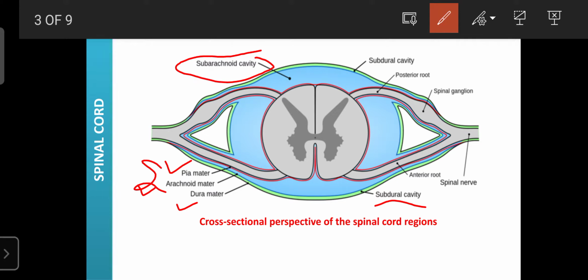This is the region of the spinal ganglion, and this is where the spinal nerves arise. On both sides, the spinal nerves arise, both on the ascending as well as the descending sides. Regarding the space between the pia mater and arachnoid mater, that is known as the subarachnoid cavity.